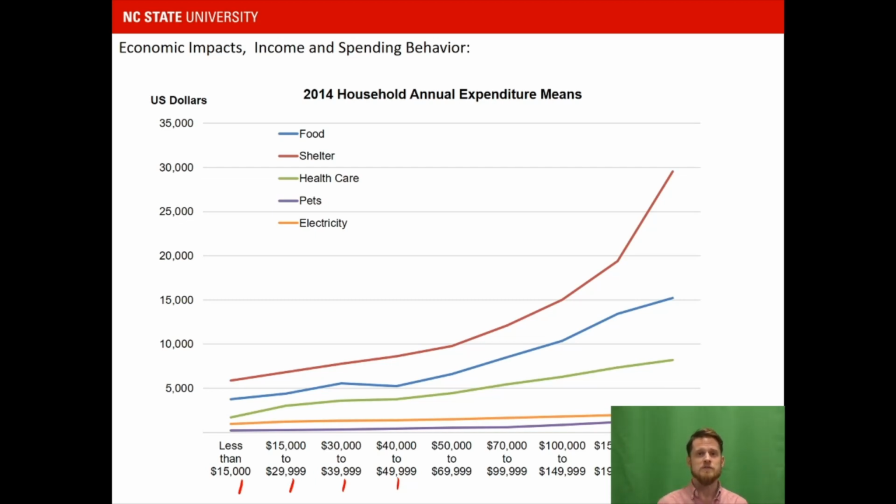The amount of money that you spend on your house drastically increases, along with the type of food that you buy. And so what jobs you create in your economic growth strategy really matters in determining the types of economic impacts that will result. And that's based on our consumer behaviors, based on how much money we're making.